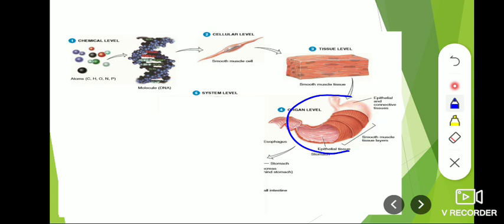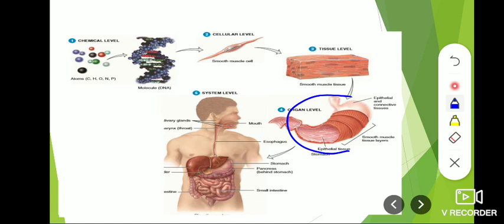And this organ along with other supporting tissues forms the system. Like this, the liver, stomach, duodenum, jejunum, these all combine to form a system called the digestive system. Similarly, the heart and blood vessels combine to form the cardiovascular system. The lungs, trachea, bronchi combine to form the respiratory system.